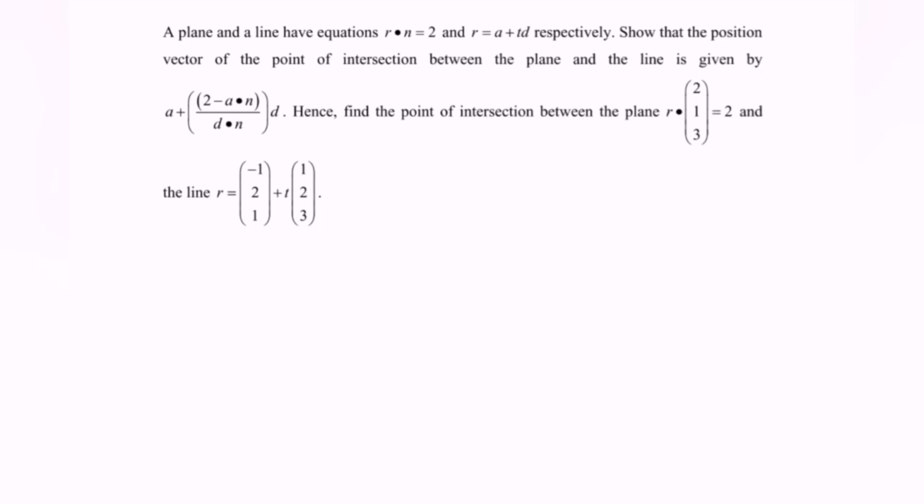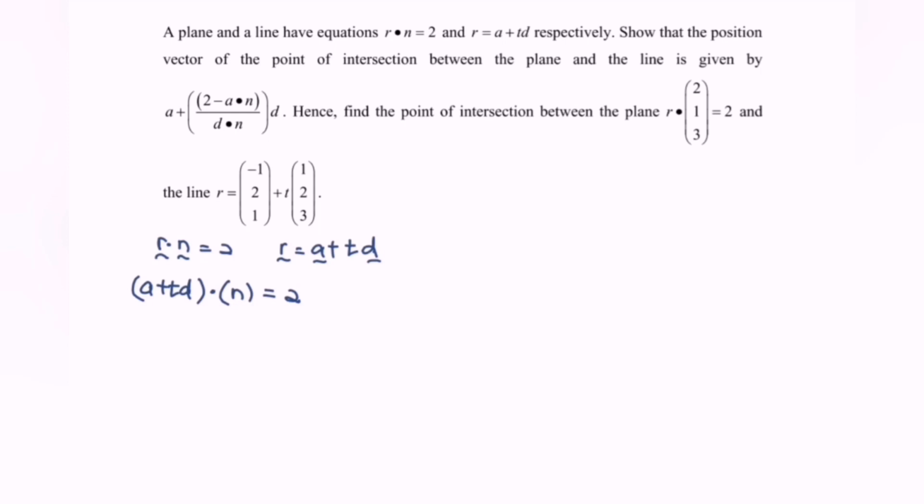So given the situation, r dot n equals 2 and the line equation r equals a plus td. Now, stated r equals a plus td, kindly substitute the situation: (a plus td) dot n equals 2.